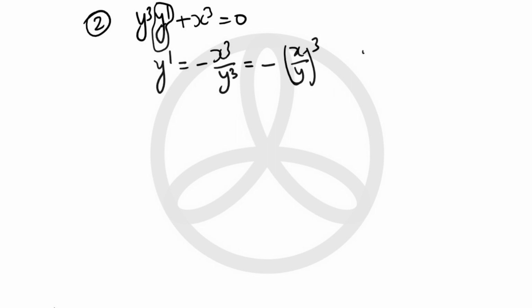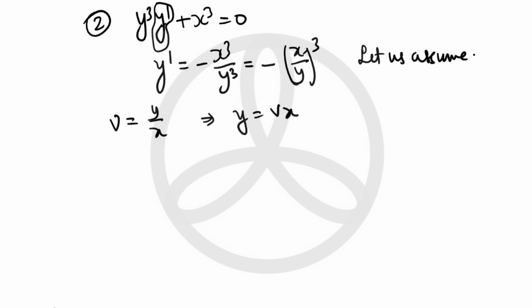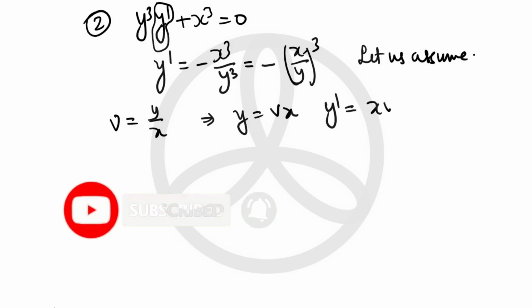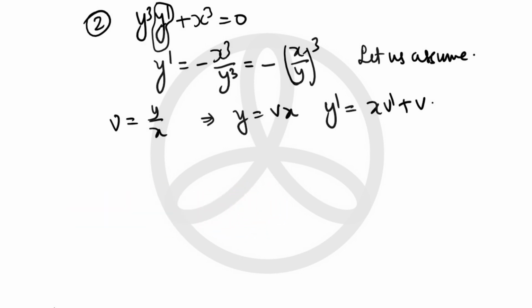And let us assume v is equal to y over x. Therefore we will have y is equal to vx, and y prime will be x dv/dx plus v.